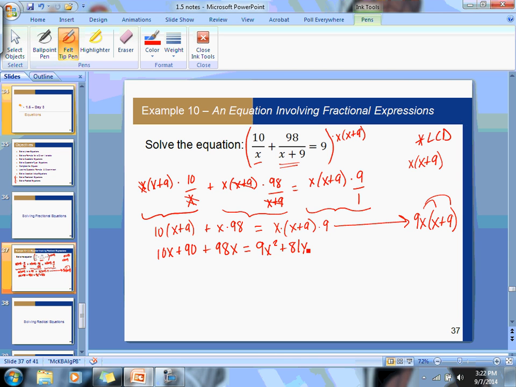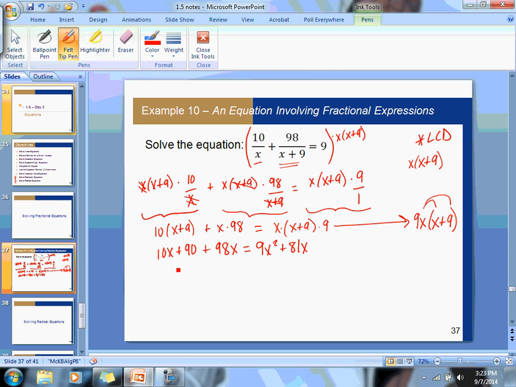Now, if I'm going to finish solving this, I have to set it all equal to 0. And notice that I have a quadratic term here. I've got this 9x squared. So I want to get everything on this side of the equation, on the right side. Now I have a 10x and a 98x. I'm sorry, 98 plus 10 is 108.